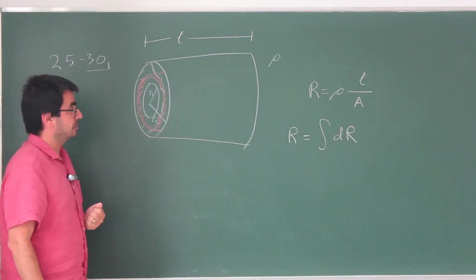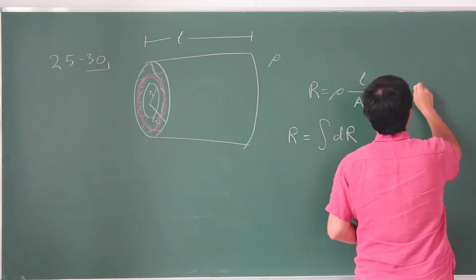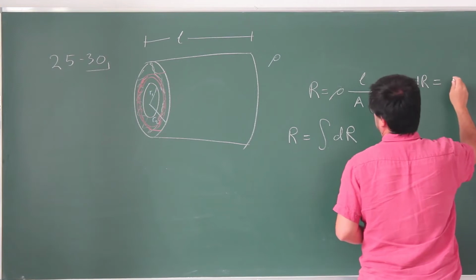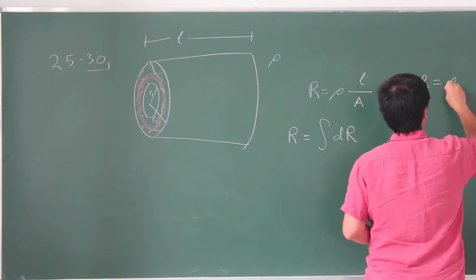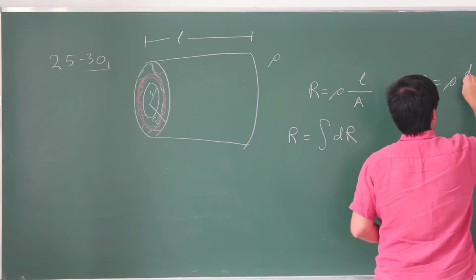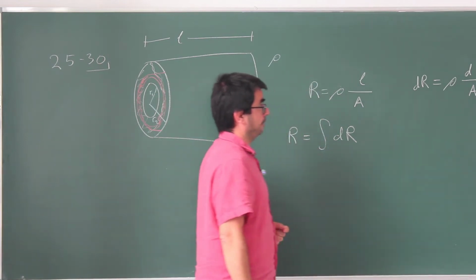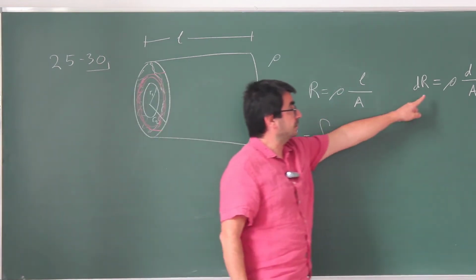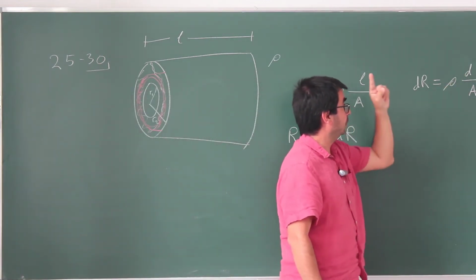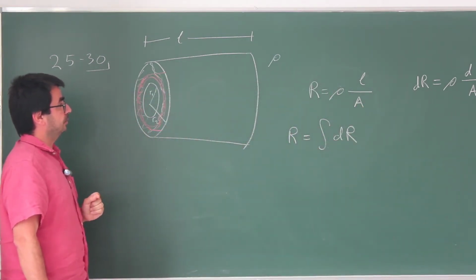And the resistance of each of those cylindrical shells is going to be rho, which is constant all over the thickness of the shell, times dr, divided by the area of the shell. So this is a constant, this is not a constant, and this is how we are going to go from the inner part of the shell to the outer part.